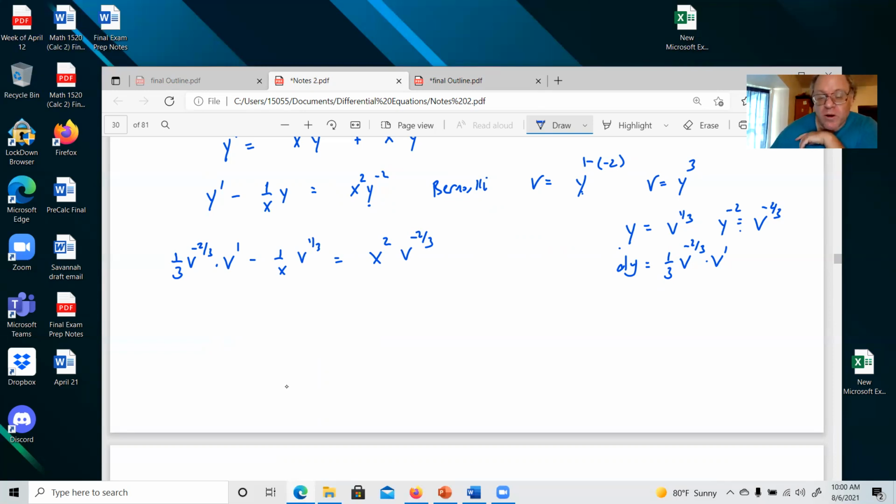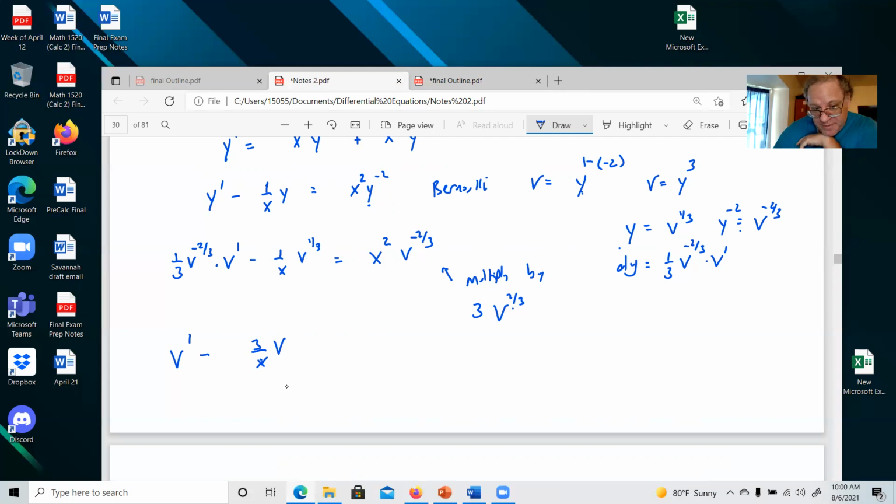We are going to now multiply by 3v to the 2/3, right? Because that'll clean off this first coefficient here. So we end up with a v tick minus, and then we have a 3 over x. Now here we have v to the 1/3 times v to the 2/3.